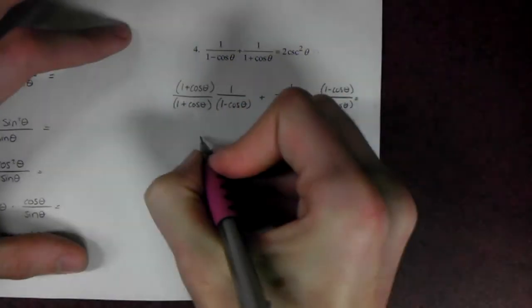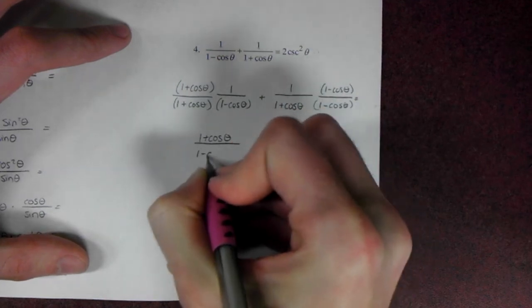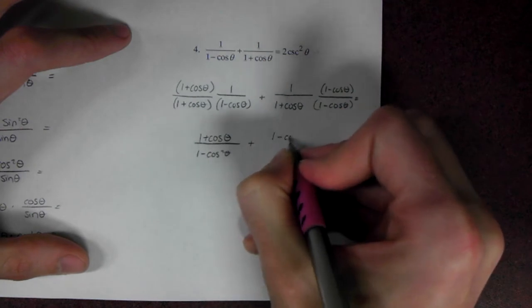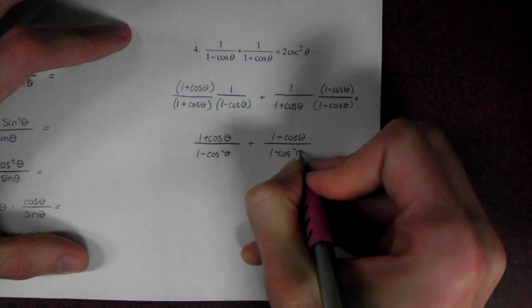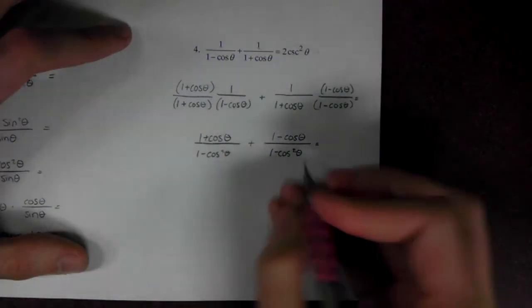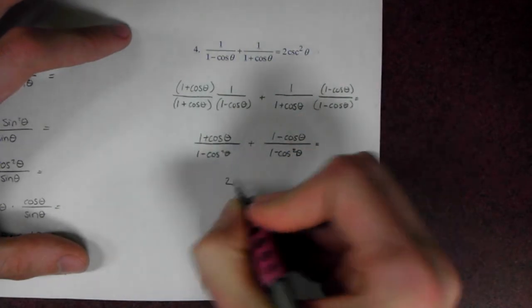Alright, so on the left side when I multiply it out, I'll get 1 plus cosine on top over 1 minus cosine squared on the bottom. And on the right side, 1 minus cosine also over 1 minus cosine squared. Alright, so I have a common denominator now. I can add the fractions. So 1 plus 1 on top is 2.